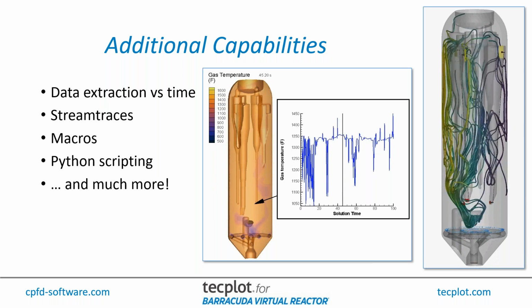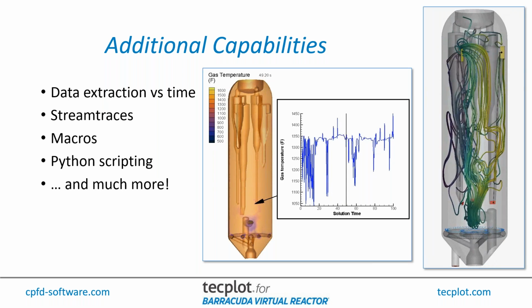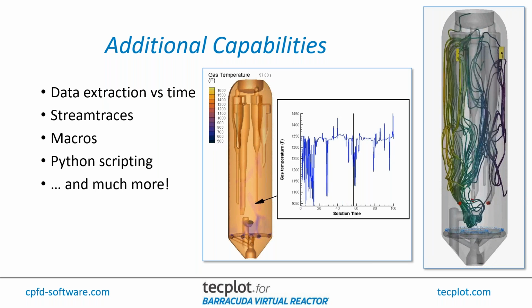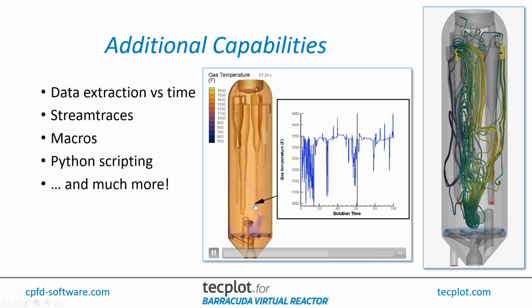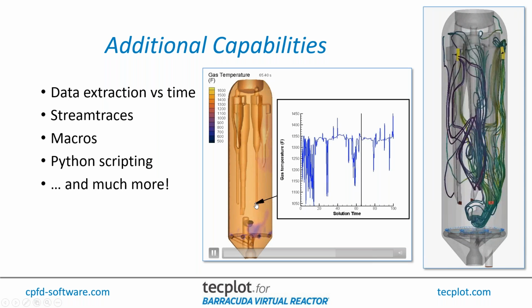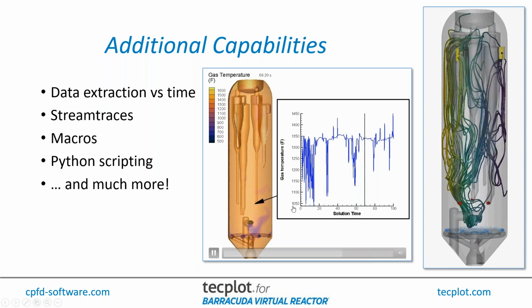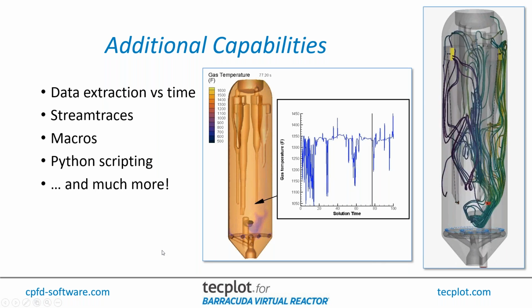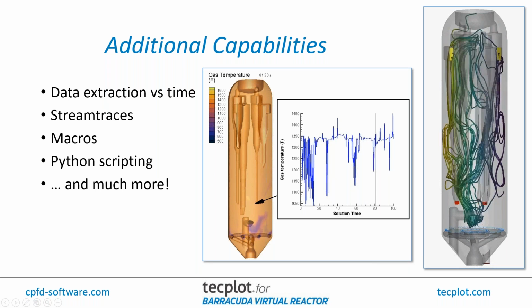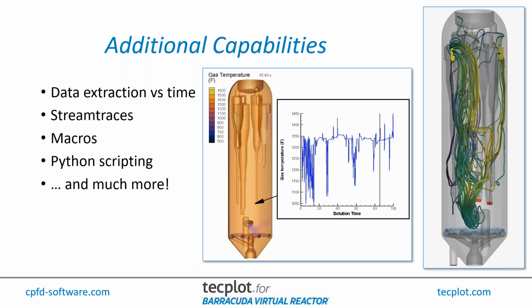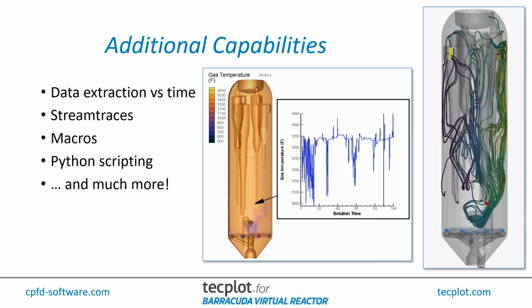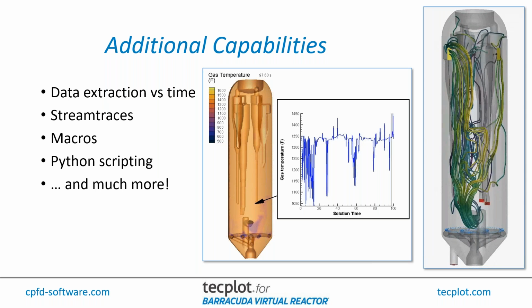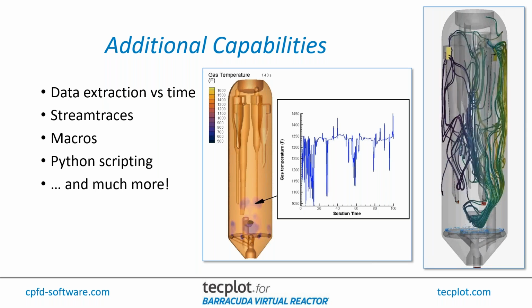So as we can see here in this middle view, I clicked on this point in the vessel, and then Tecplot read the fluid temperature as the simulation progressed and created this plot, which has the time marker. And you can make a video here where they play together, and so it's a really nice presentation of that data.